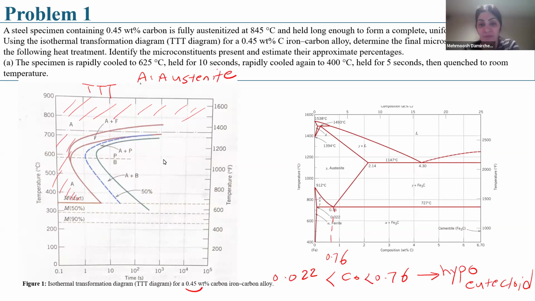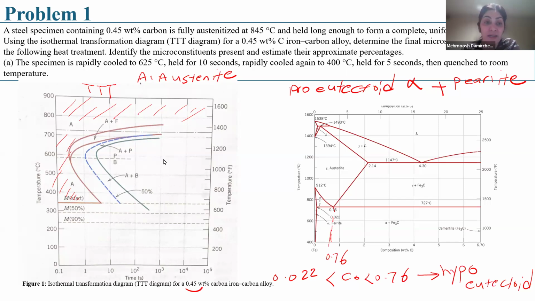A plus F: if you remember, in hypoeutectoid steel, we have proeutectoid ferrite plus pearlite. Pearlite means the structure that we see exactly at 0.76.